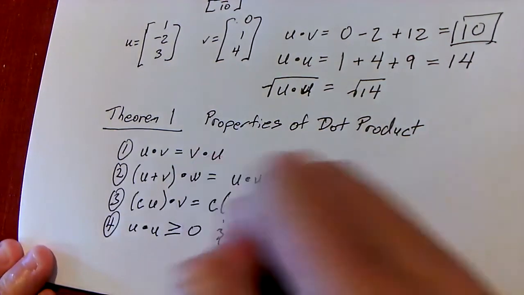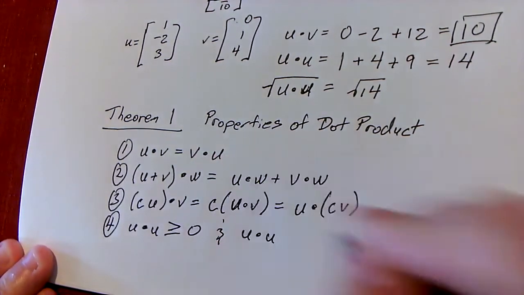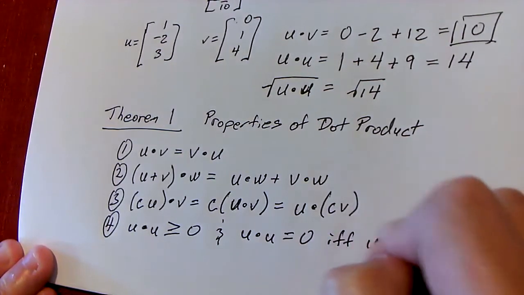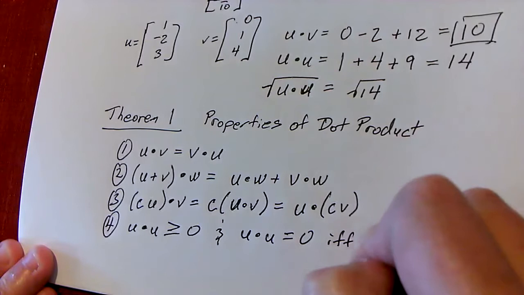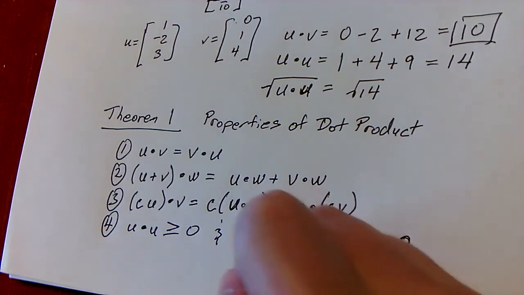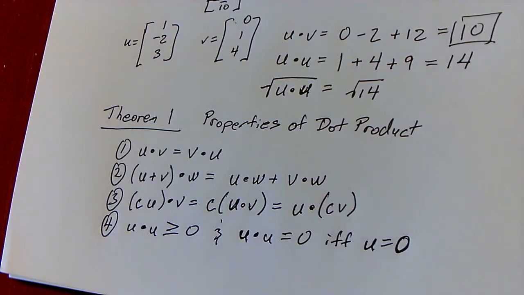And so I know it kind of looks like a fifth property, but U dot U is equal to 0 if and only if U is actually the 0 vector. So remember, we're talking about vectors all through here. So only the zero vector when you do U dot U will give you 0. Other than that, it's got to be greater than, but in general, it's greater than or equal to, because we do have this case where it is 0. So those are our properties for inner products.